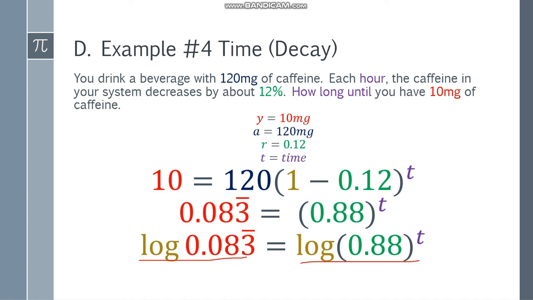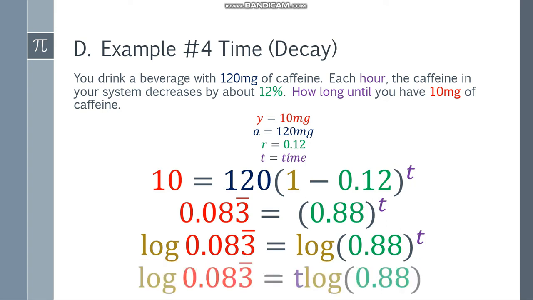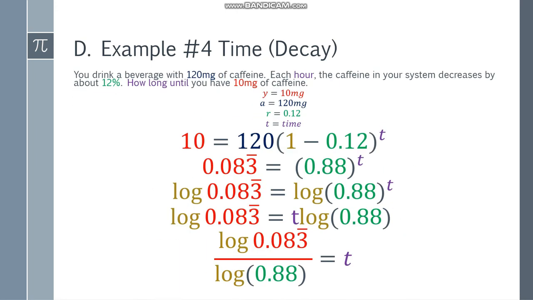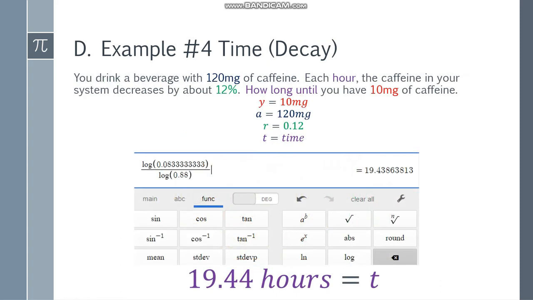So this one, ang mangyayari yung T mapupunta dito, kasi property yun, power rule ng logarithm. So para makuha mo yung T, that will be log 0.0833 and so on over log 0.88. And sa calculator natin, you will get an answer of 19.43863 or 19.44 hours is equal to T.